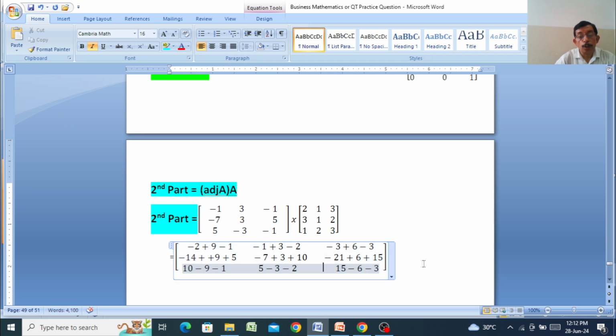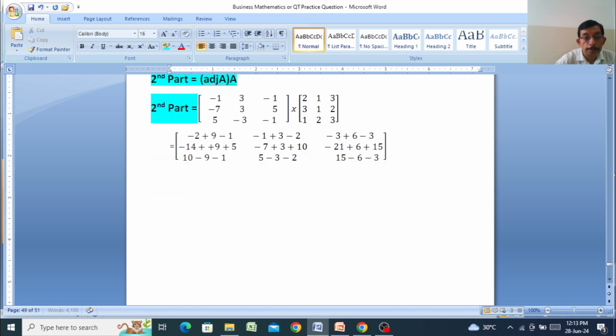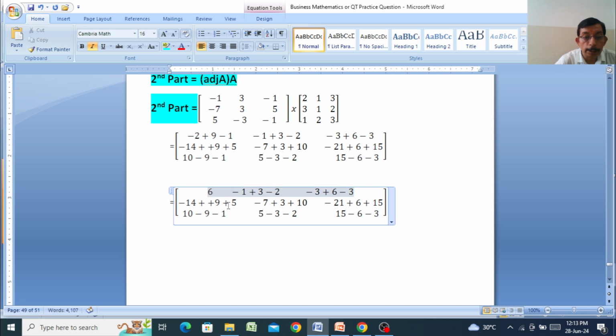Now each row, each column multiplication is complete. Simplify in the next step. -2, -1, -3 plus 9, result is 6, note down 6. -3 plus 3, result is 0, note down 0. -6 plus 6, result is 0. 14 minus 14 plus 14, here is 0, note down 0.